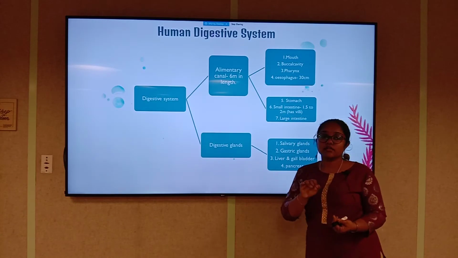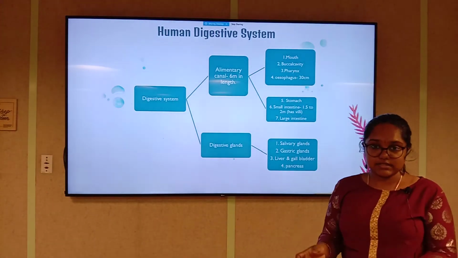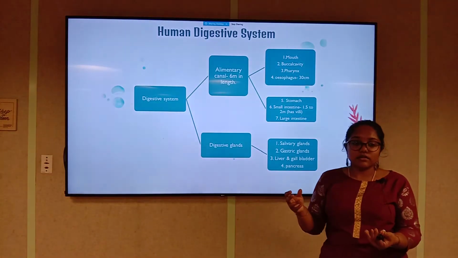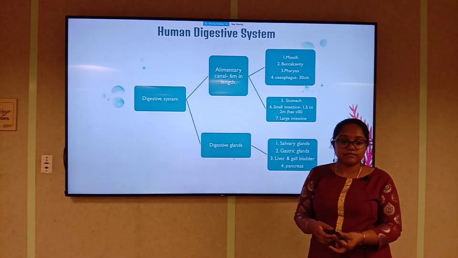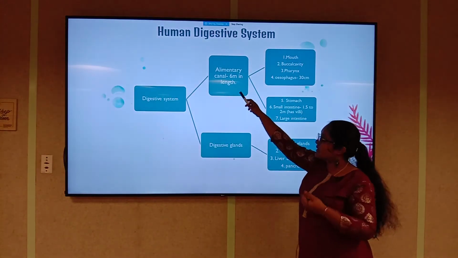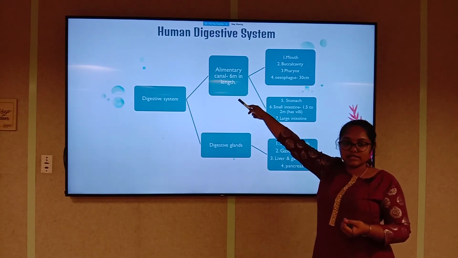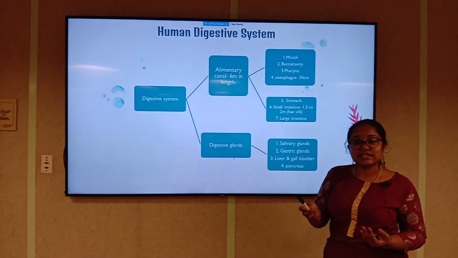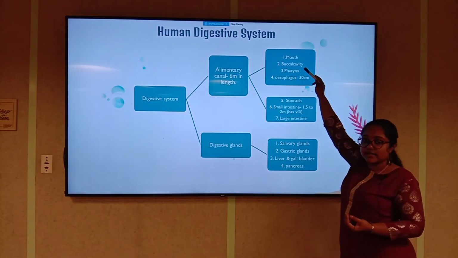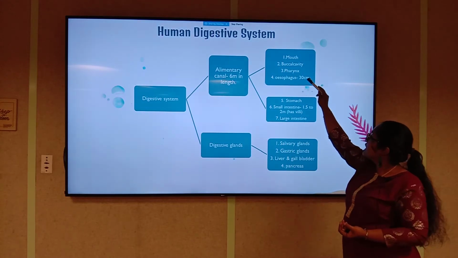Now, the alimentary canal is the longest part of the digestive system, and it is 6 meters in length. It is also called the gut. What is included here is the mouth, buccal cavity, also called the oral cavity, pharynx, esophagus.